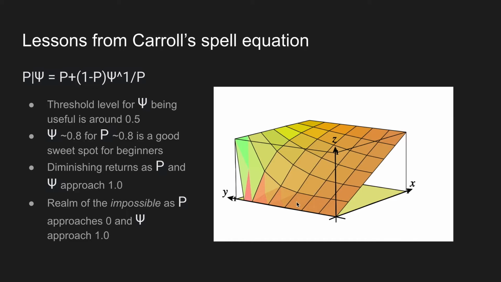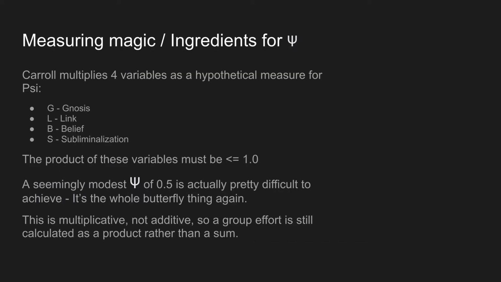In this case psi is the y-axis and p is the x-axis. You can see there's this big steep increase over here. To get something to happen that's completely unlikely, you're going to have to climb up this very steep hill.